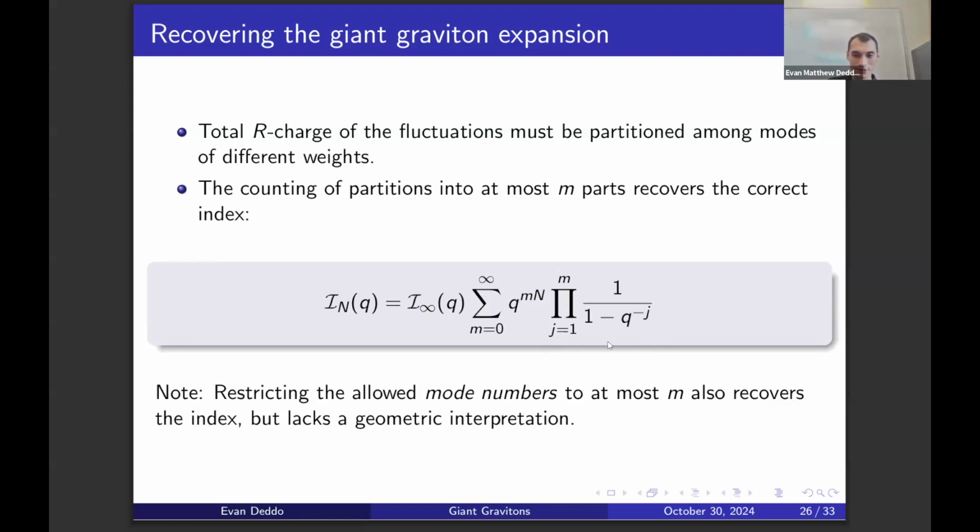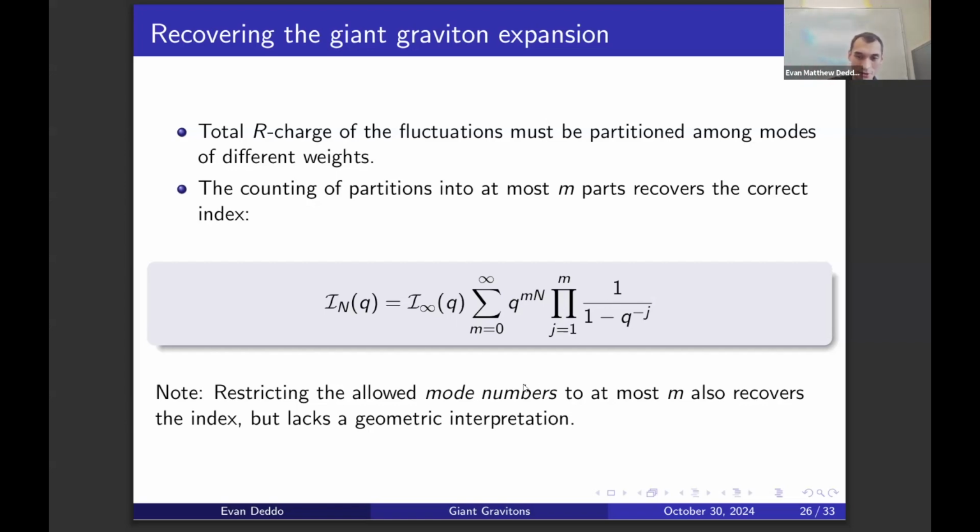Another thing one could do is, a solution that would be easier to see, cut off the possible modes that can occur. Here we were cutting off occupation numbers, but since this product is over possible modes, we could also get the same result by saying there's some type of mode cutoff, where m giant gravitons cannot support a mode higher than the mth mode.